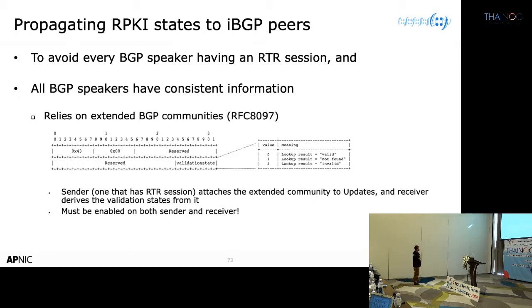So if I'm a border router, before I send routes to my iBGP peers, I will tag them with one of these tags based on the validation state, and I send it across to my iBGP peers, which could be my core routers. When they see it, they match that tag and interpret the state from the community tag. Straightforward, theoretically at least.